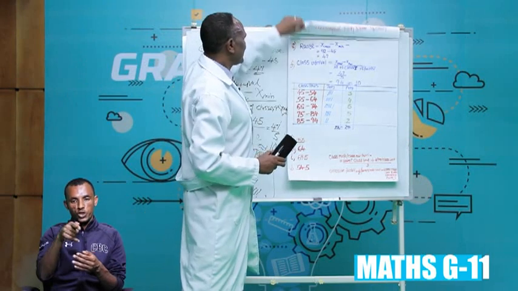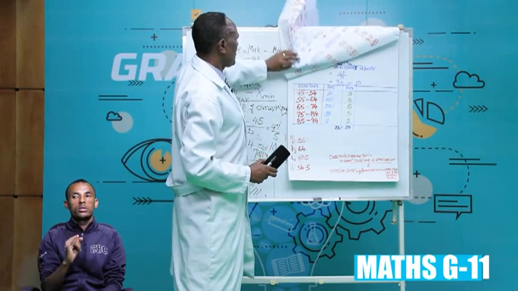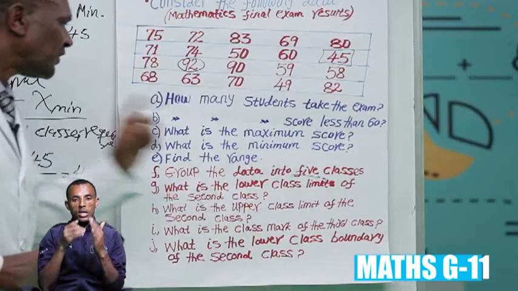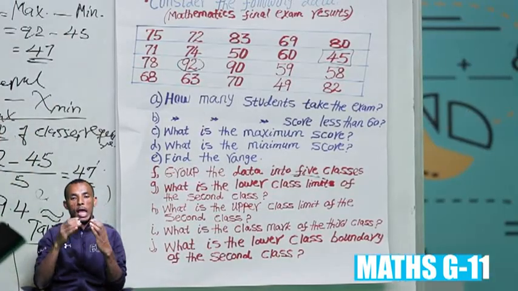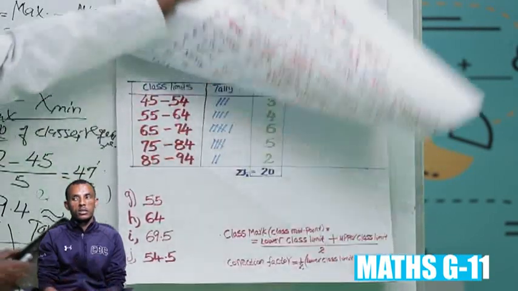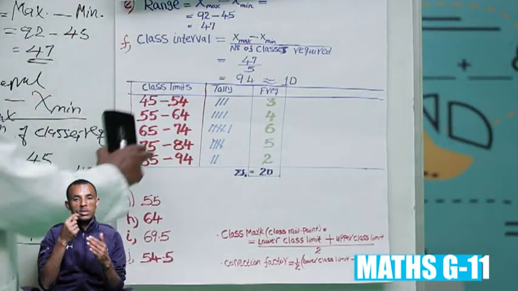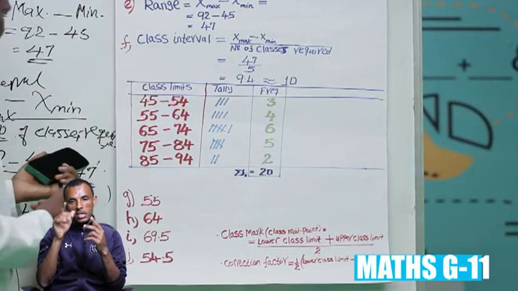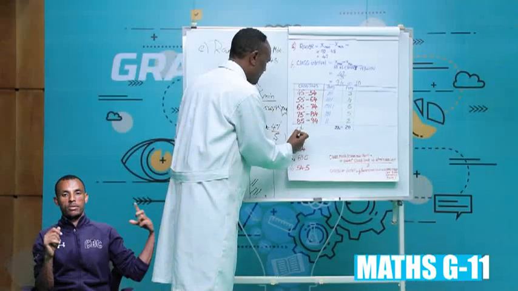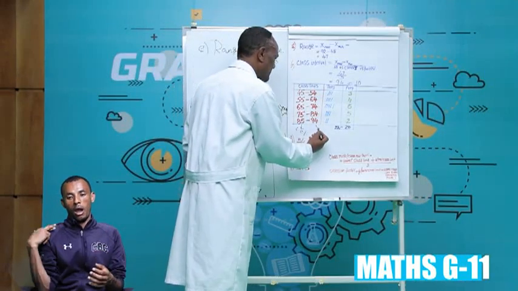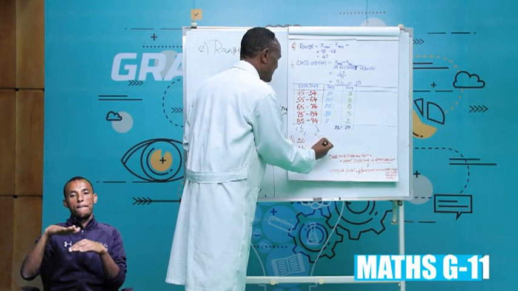Then, based on this, you are asked a question. G, what does it say? What is the lower class limit of the second class? What is the class limit? This was the first class, second class, third class. The numbers on the left side we call lower class limits. The numbers on the right we call upper class limits.